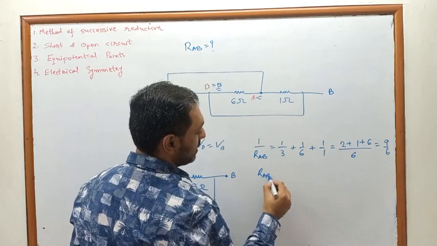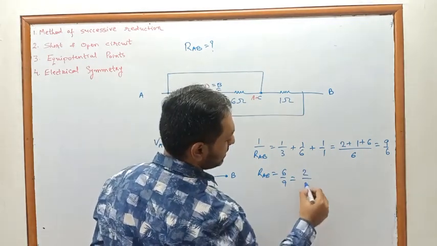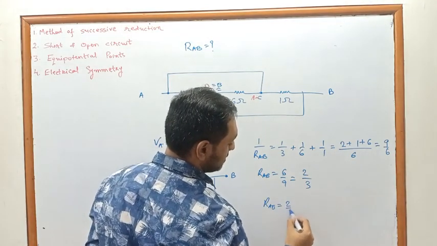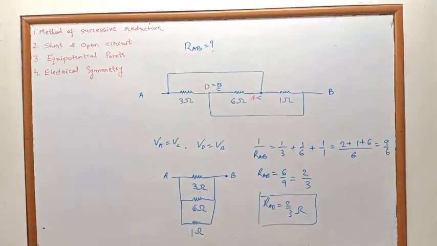So RAB is equal to 6 by 9. 3 2s are 6 and 3 3s are 9, so RAB is equal to 2 by 3 ohm. So this is your answer. This is the way you can simplify the circuit.